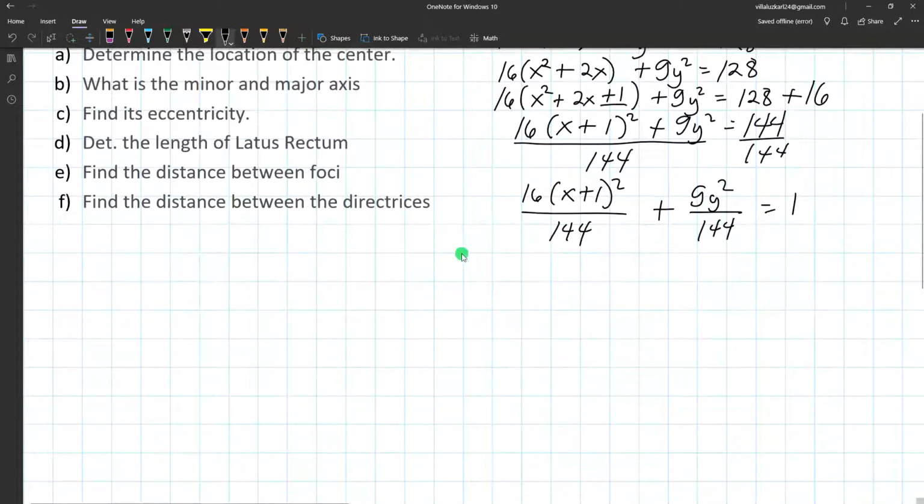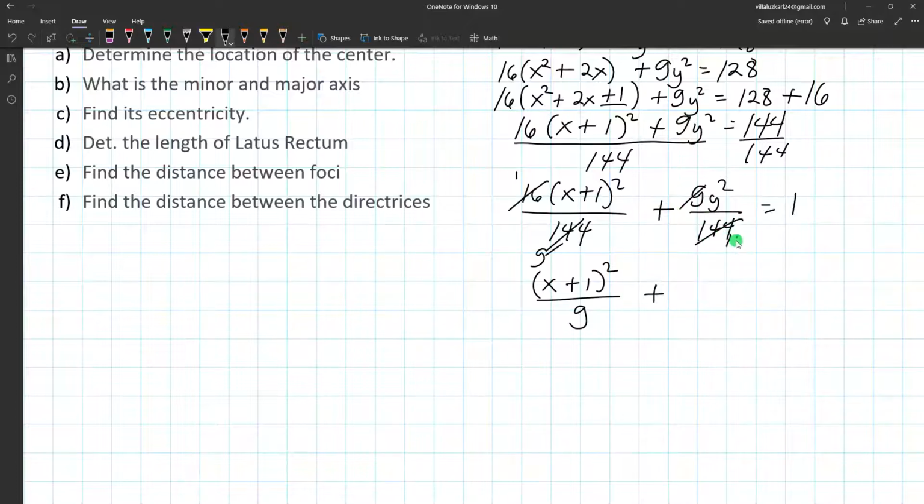Okay, 144 and 16 are both divisible by 16. So 144 divided by 16 is 9, and this one will be 1. So x plus 1 squared over 9 plus, 144 over 9 is 16.